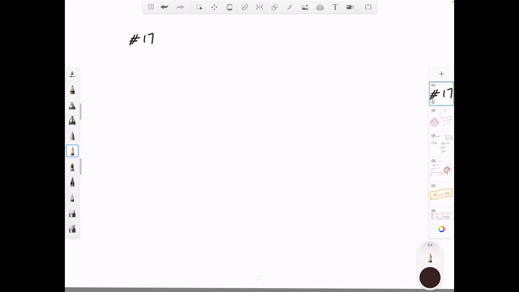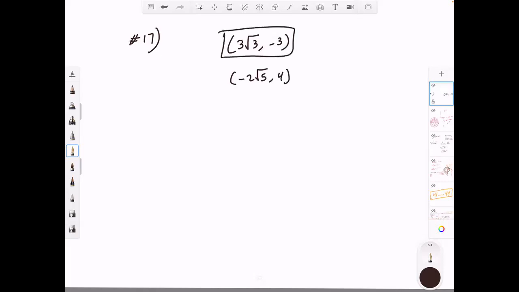So it seems like you don't like those points. 3 radical 3 minus this one. No, it's negative 2 radical 5, comma 4. So that's for number 17, that's what I have, but it changes for people, but what I see is the same level of difficulty.